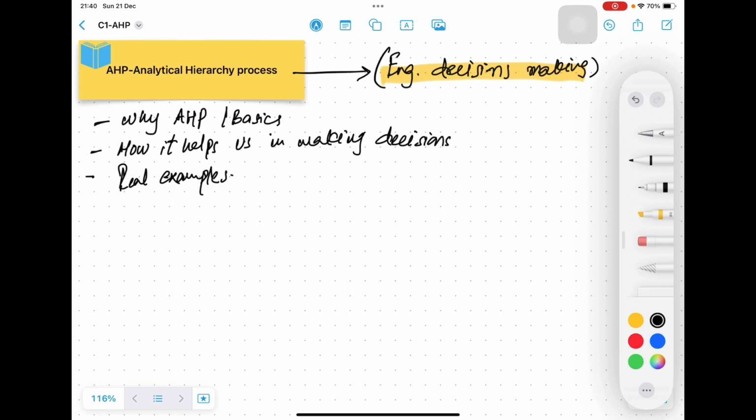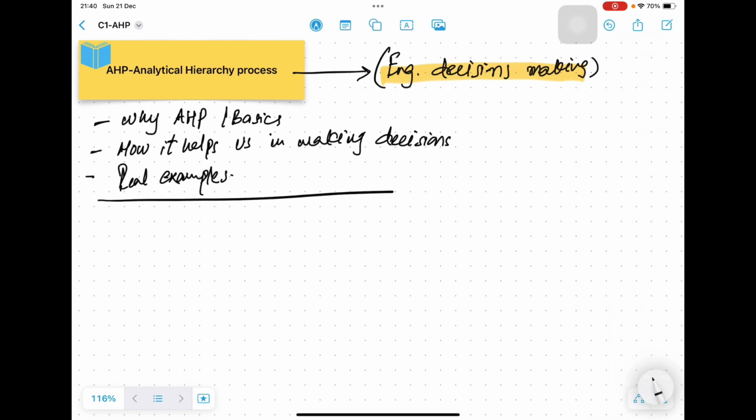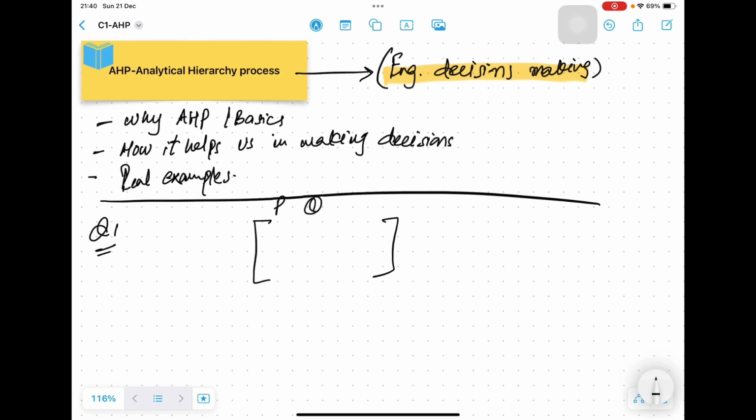So if I ask a question, for example, which is more important, or say we have a problem where you have a graph that has the criteria of price, quality, delivery, and service, right?